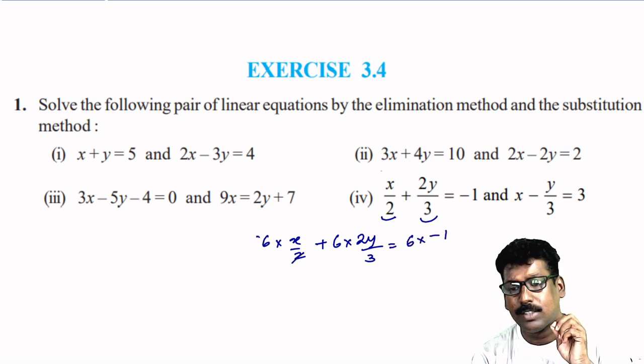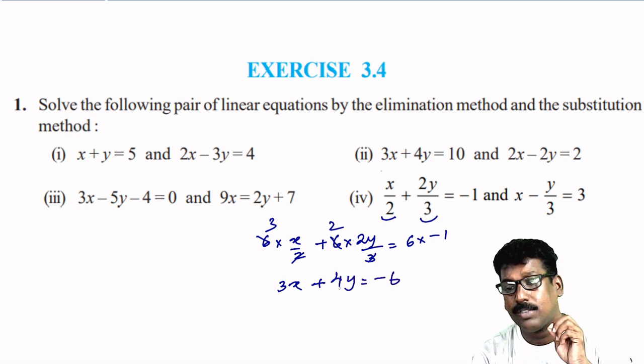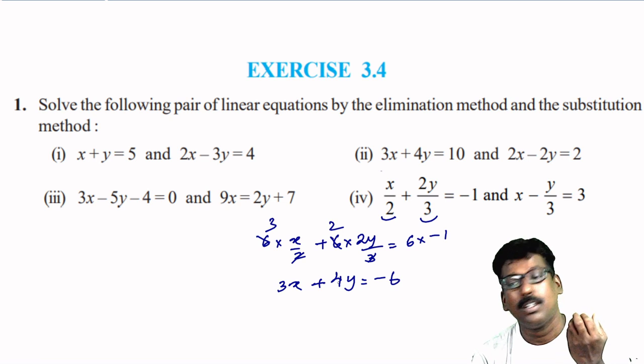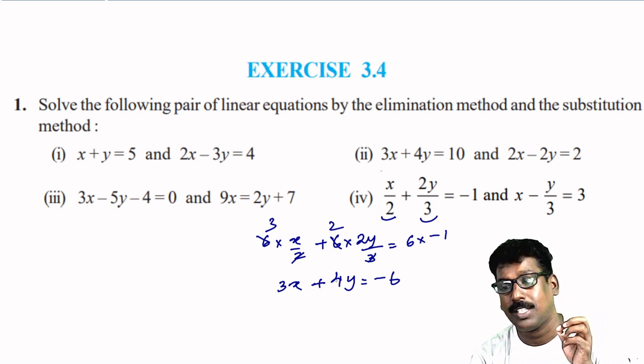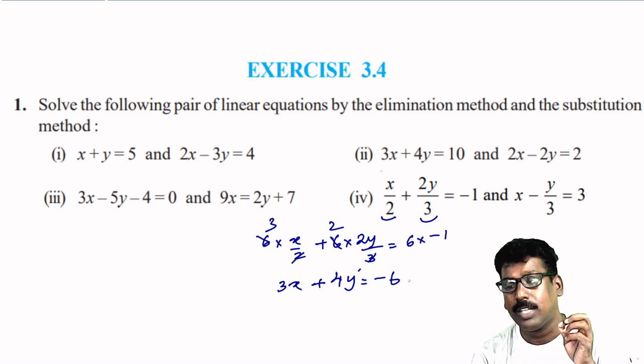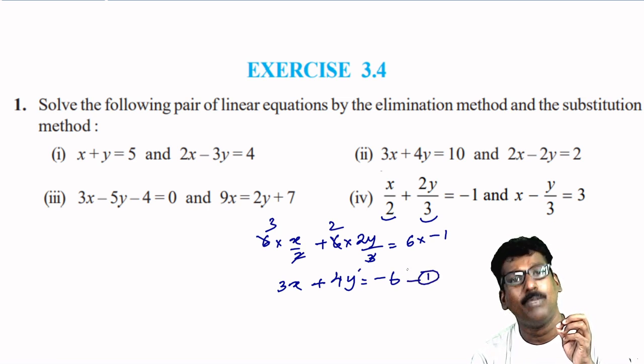So 2 threes are 6, 3 times; first term is 3x plus 3 twos are 6, 2 into 2y, which is 4y, is equal to negative 6. This equation we can take as equation 1.